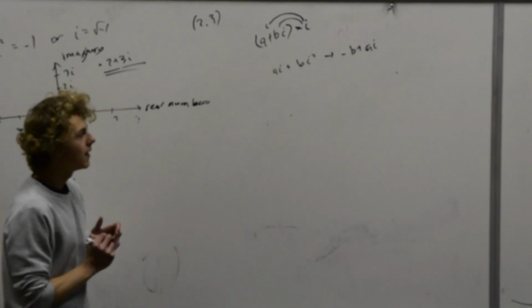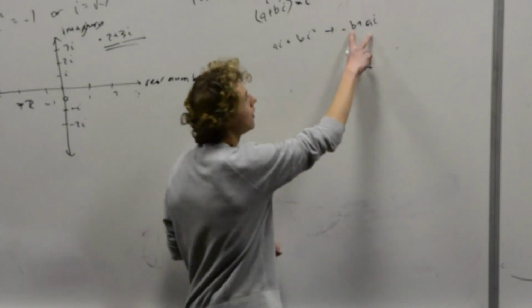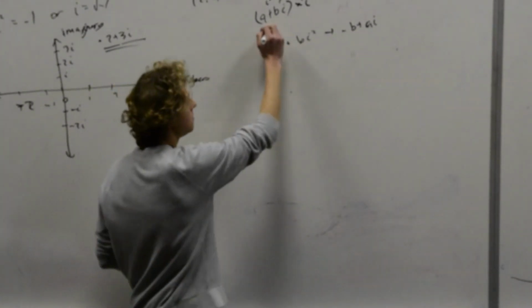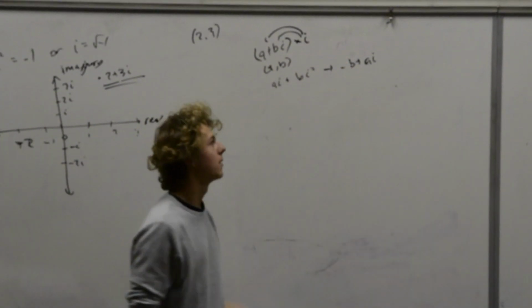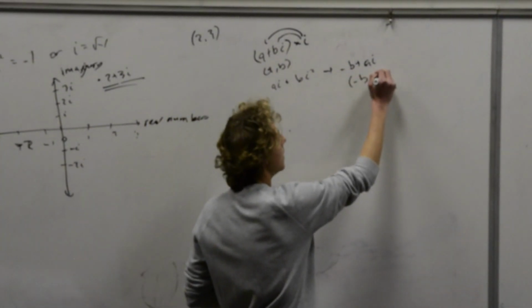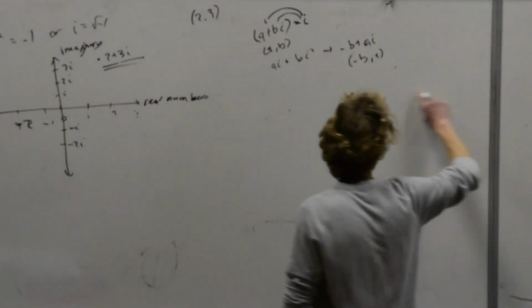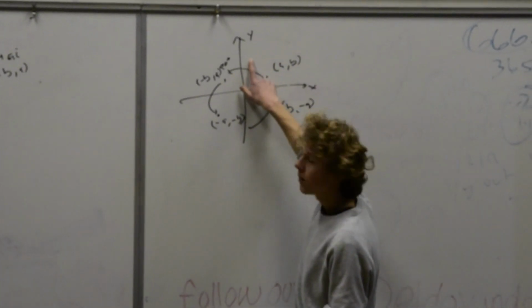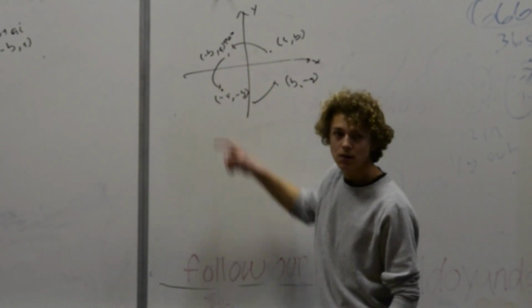The really cool thing is, if we describe the initial point in our normal xy plane, it would be a comma b. And if we describe this new point in the xy plane, it would be negative b comma a. So what we can see is that if we multiply by i, we rotate our number 90 degrees counterclockwise.